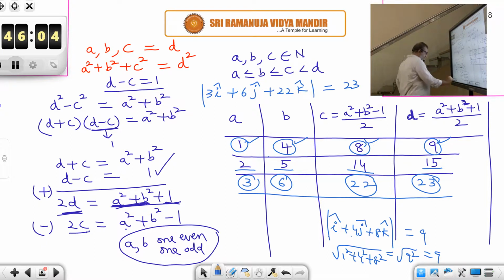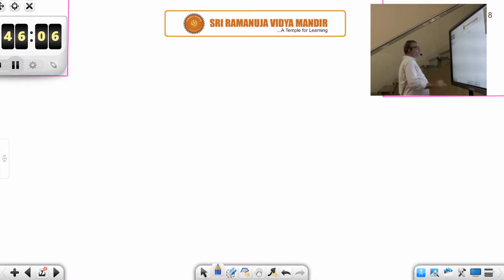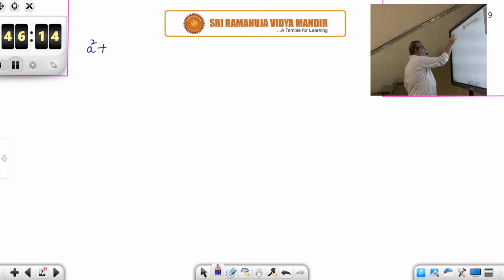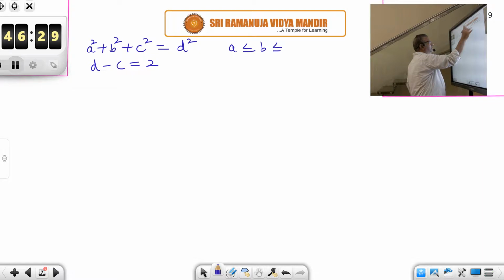Next, what I want is, with the difference 2, can you generate numbers? a square plus b square plus c square is equal to d square. Difference 2 means d minus c is equal to 2. Of course, a less than or equal to b less than or equal to c less than d. Order is there. d minus c is 2.